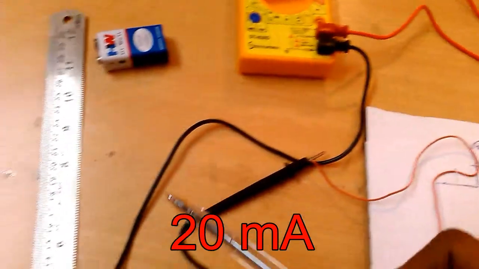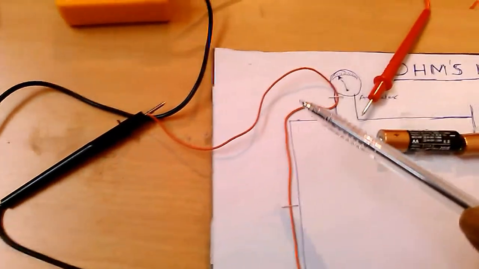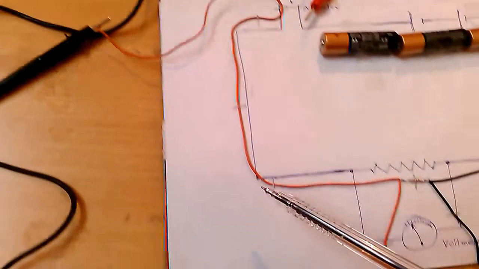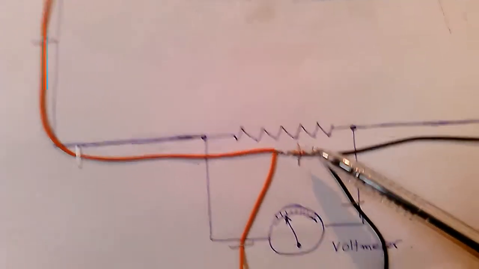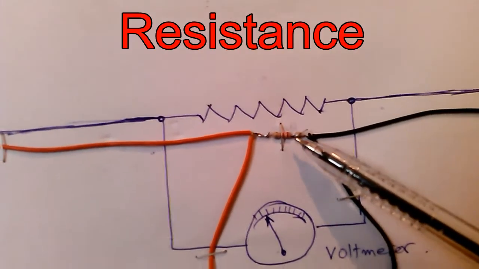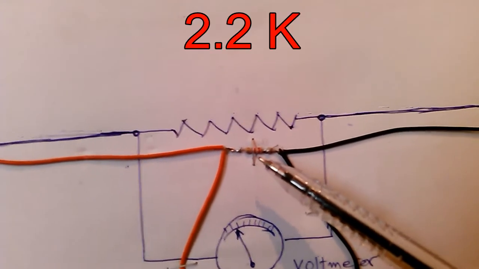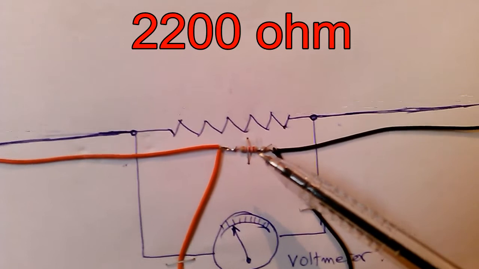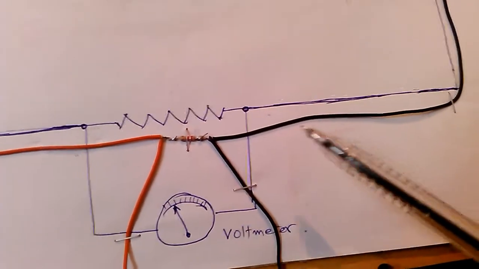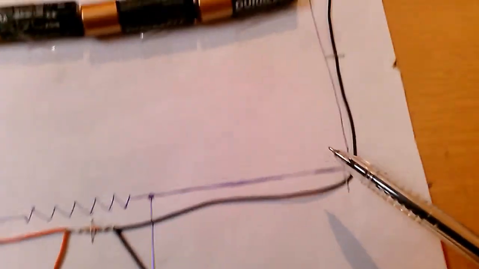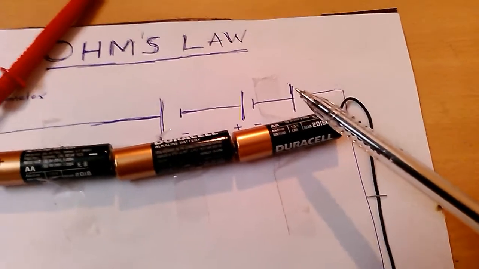And this is connected to this wire, and this wire is connected to a resistance here. So this resistance value as per the color code is 2.2k, that means 2200 ohms, and the other end is connected to the battery here.